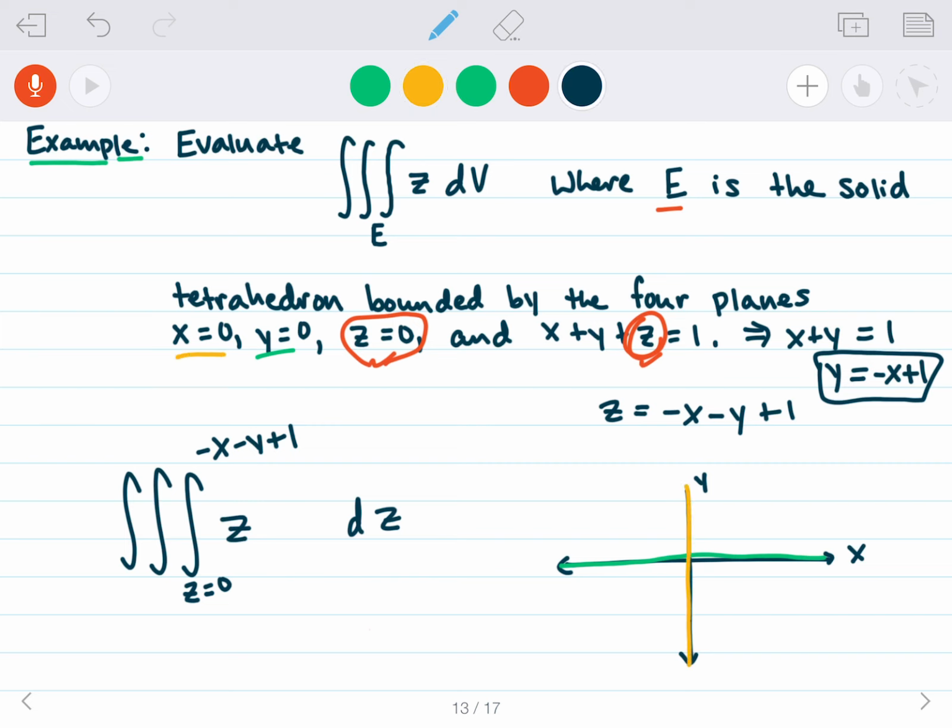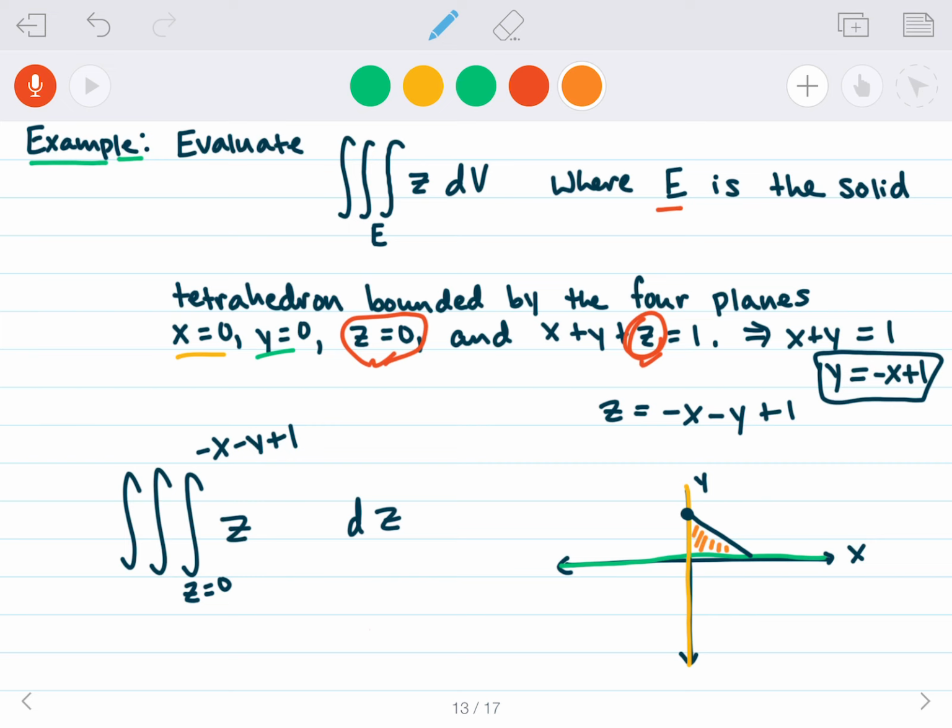And it's also bounded by y equals negative x plus 1. So if I plot this line that has a y-intercept of 1 and a slope of negative 1, when I draw this, it's going to slope down like that. And so my region is just going to be in this little triangle right here.